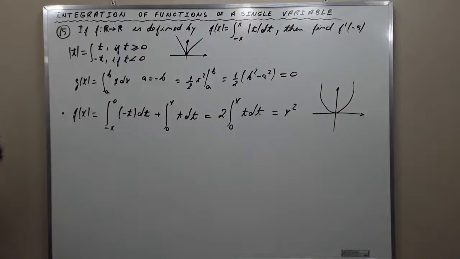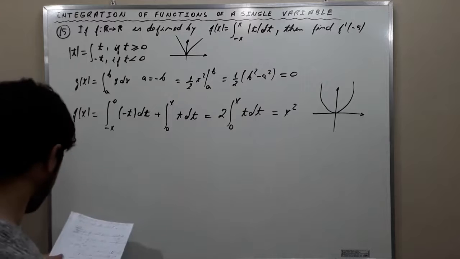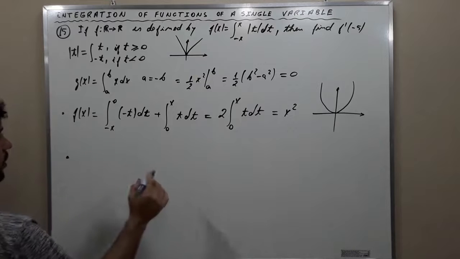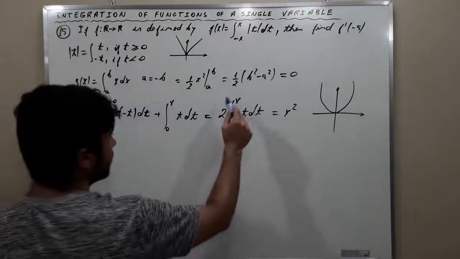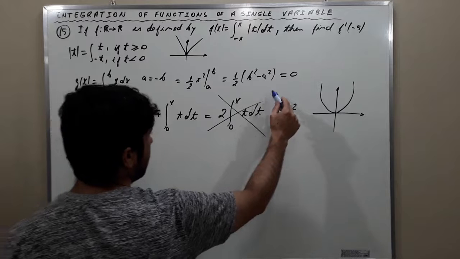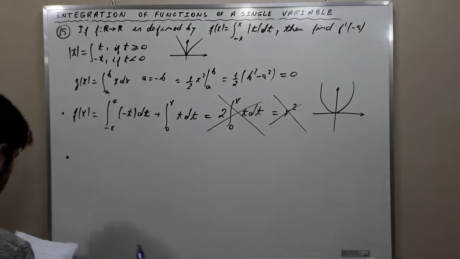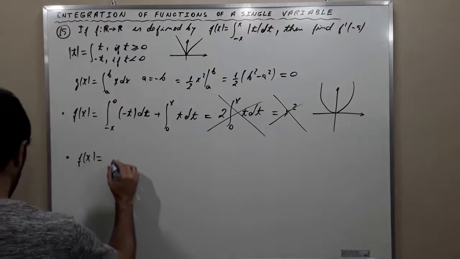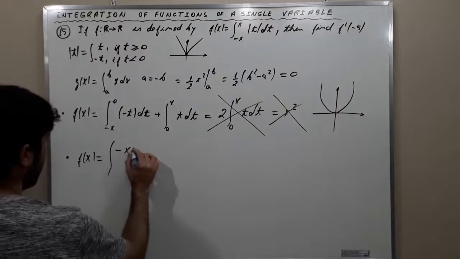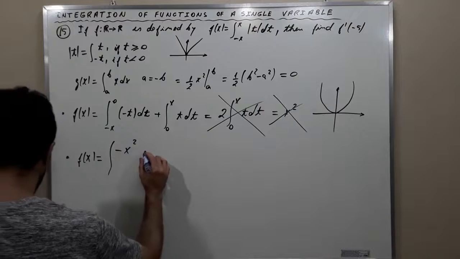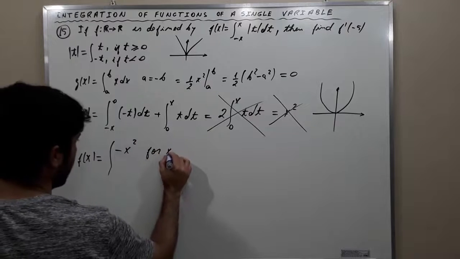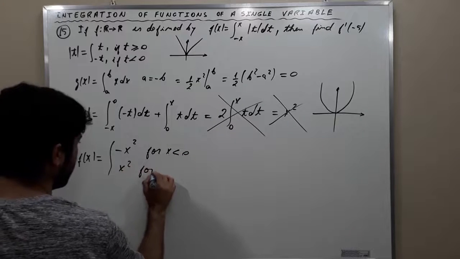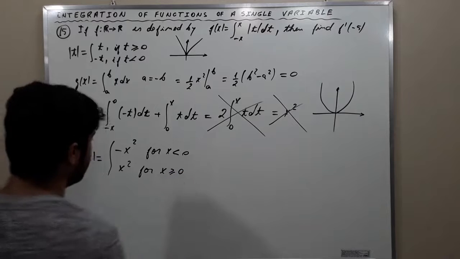Okay? The function that we're looking for is this f of x equal to negative x squared for x less than 0 and x squared for x greater than or equal to 0.